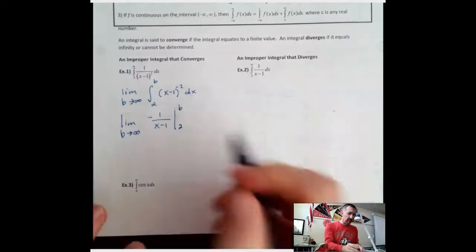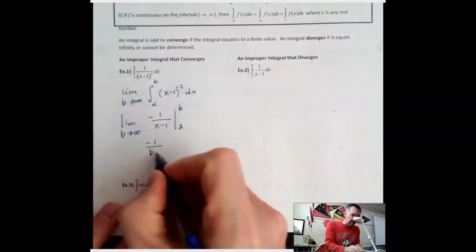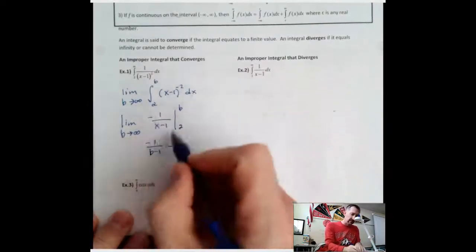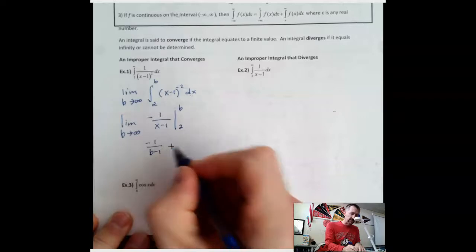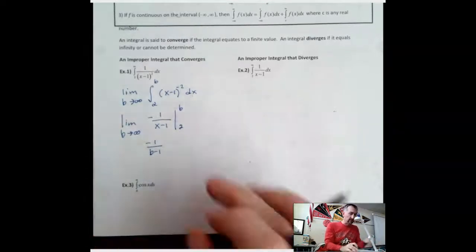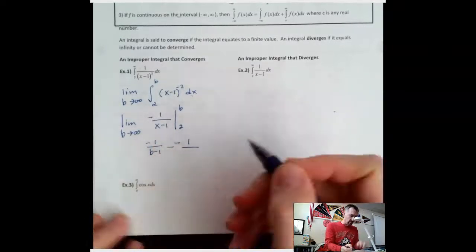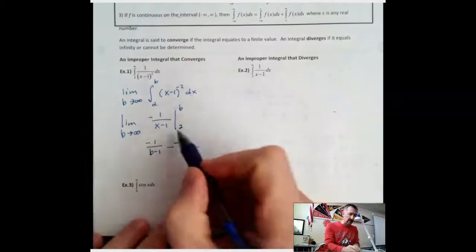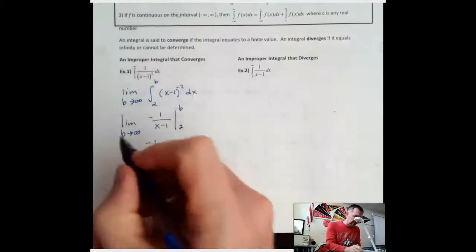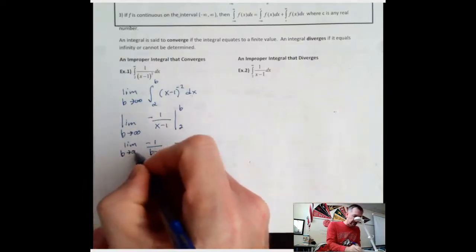So if we plug b in there, we're going to have negative 1 over b minus 1, and then we have minus a negative 1 over, and if we plug in 2, it would be 2 minus 1. And we are still taking the limit as b approaches infinity.